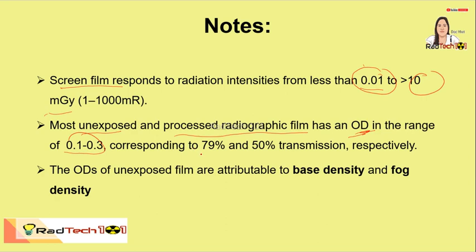This corresponds to 79% for 0.1 and 50% for 0.3 transmission of light absorbed by our radiographic film during manufacturing. Optical density of unexposed film, this is the unexposed film. Then we process it, as I said it has an inherent density, which is called the base plus fog density.